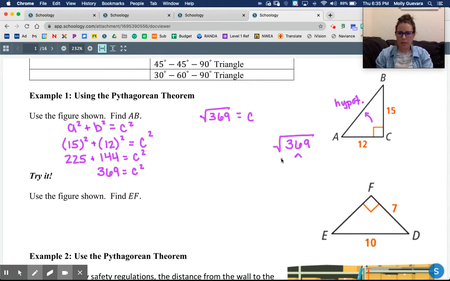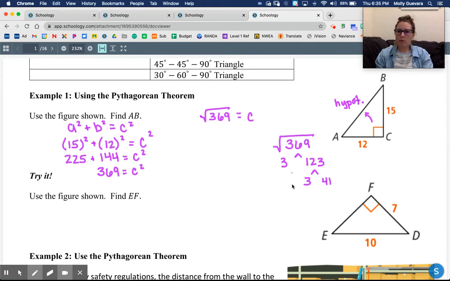I know that 3 goes into this, so I'm going to divide it by 3. 369 divided by 3 is 123. 3 doesn't break up any further, but 123 does. That is 3 times 41.